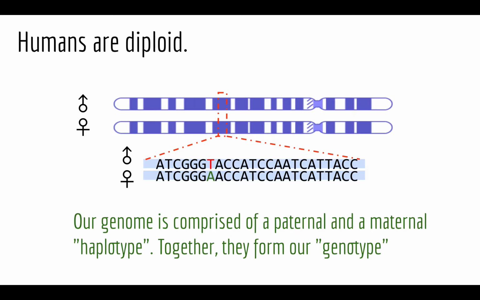If we zoom in on this part of this chromosome, the 2 haplotypes that we inherited from dad and mom are by and large identical, but here's a site where they differ, and that makes this individual, this offspring, heterozygous: inherited an A from mom and a T from dad. Together, that makes our genotype. So the genotype of this individual at this site would be TA. Okay.